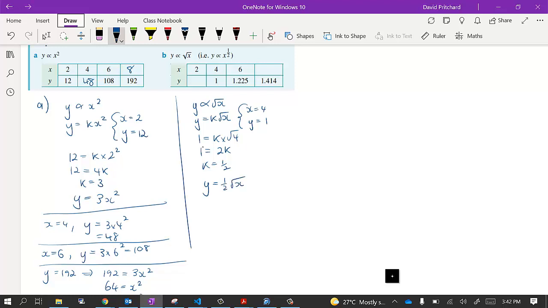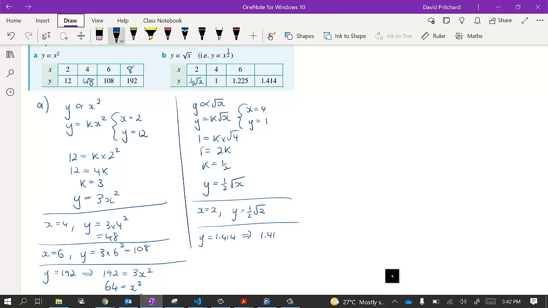Now we can substitute in values here. When x is equal to 2, then we get y is equal to 1/2 square root of 2. So we'll just leave it as that, 1/2 square root of 2. And we also are looking at when y is equal to 1.414, and I'll need my calculator for this one.